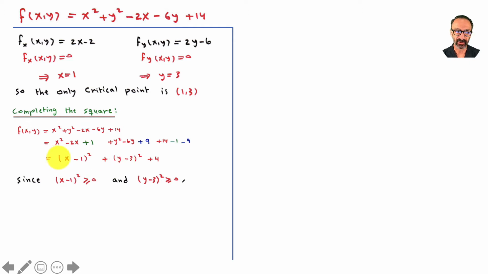The lowest will be if this is 0 and this is 0, so your f(x, y), which is the z value, will be 4. But if there's anything here or anything here, even a small amount, you're going to be greater than 4. So what does that say about the behavior of the values of f(x, y), or the z values? f(x, y) is greater than or equal to 4. It will be equal to 4 if this is 0 and this is 0.